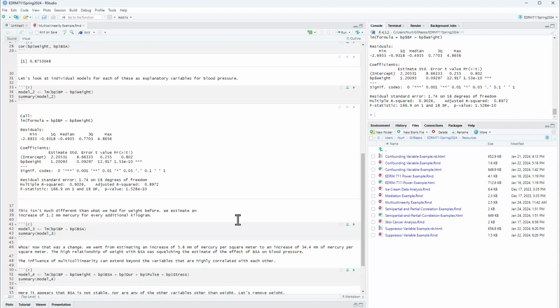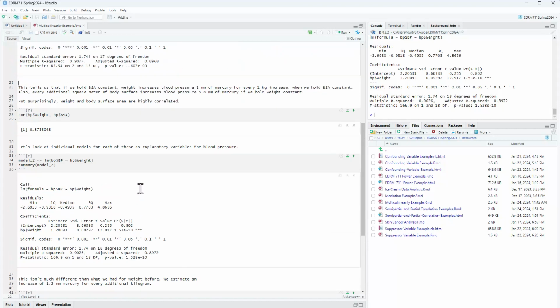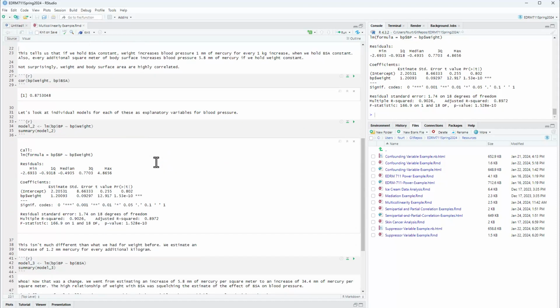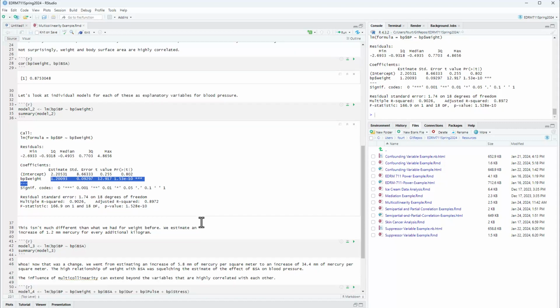With just weight, we get an estimate of 1.2. That's not much different than what we had with the full model, where weight was 1.03. We estimate an increase of 1.2 millimeters of mercury for every additional kilogram.